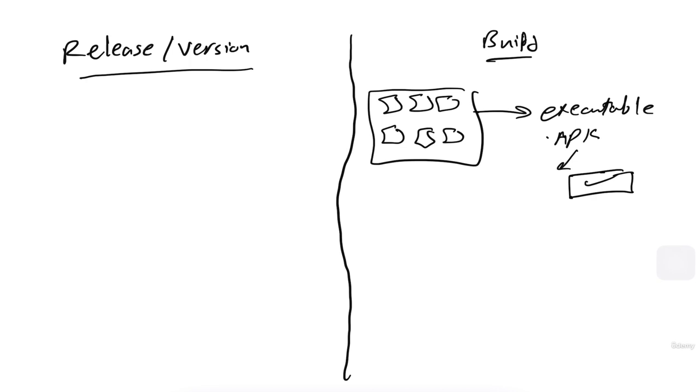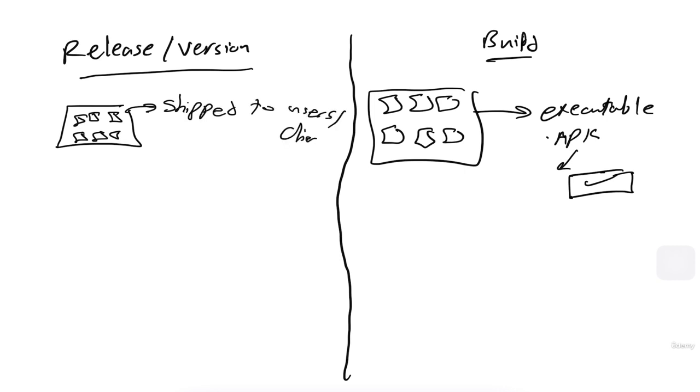On the other hand, the version is something that is developed also, but it's going to be shipped to users or clients.